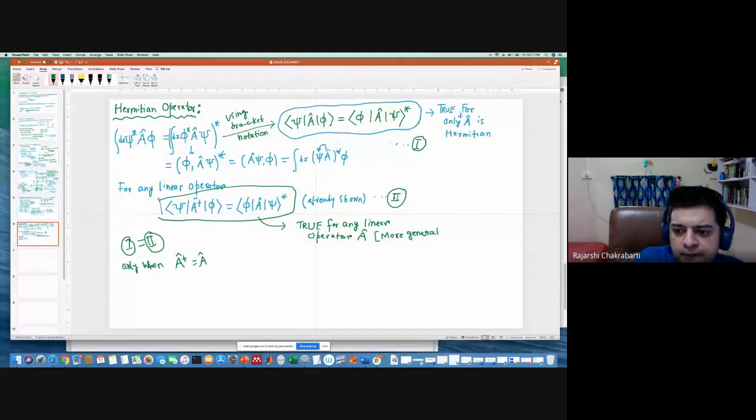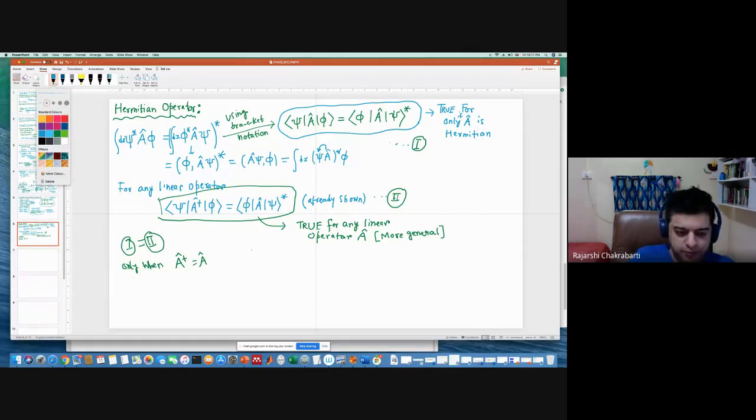Basically I have linear operators, and some of the linear operators will follow this relation. So only for those linear operators for which the adjoint of that operator is equal to the operator itself, they are called Hermitian operators. Following? Yes, this is the definition of your Hermitian operator. I have been saying this now from maybe the first class, I don't know, from the third class, defining Hermitian operator.